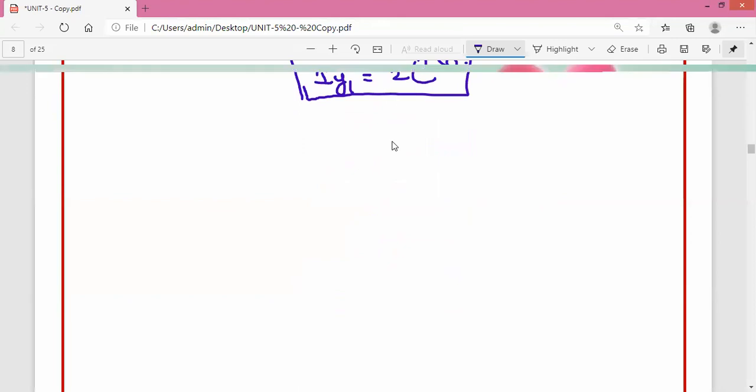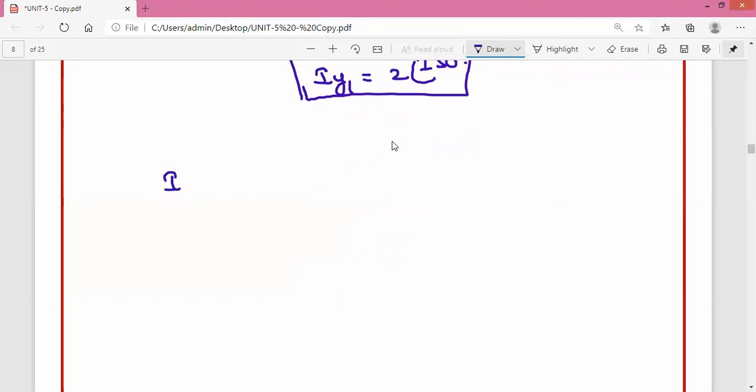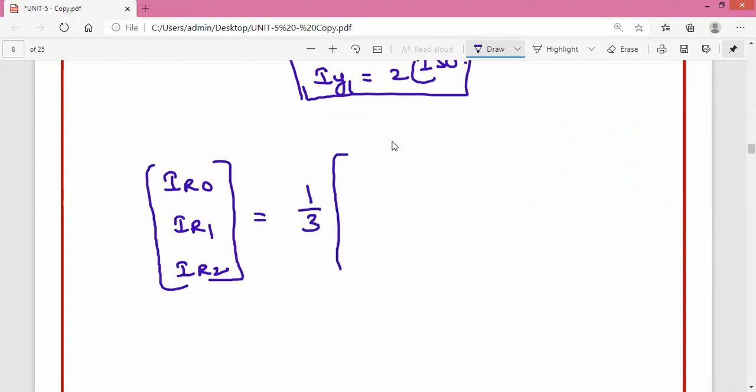If you want to calculate IR0, IR1 and IR2 in terms of unbalanced parameters, then you have to do the matrix inversion, and the value will be like this: k, k square, 1, k square into k.